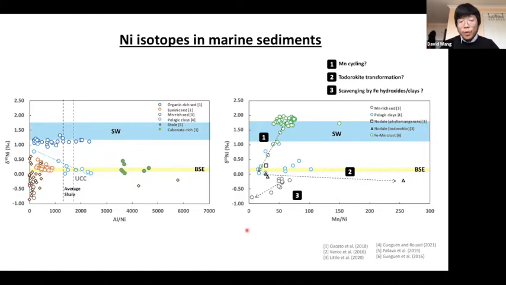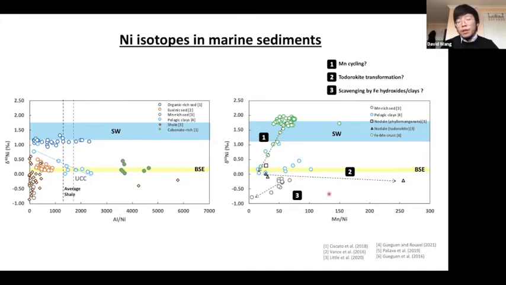So there's a lot of work that has been put into characterizing the isotope fractionation during the formation of this, or the associated processes like adsorption, like the manganese cycling, the dissolution, and the formation of manganese oxide, like the number one here.